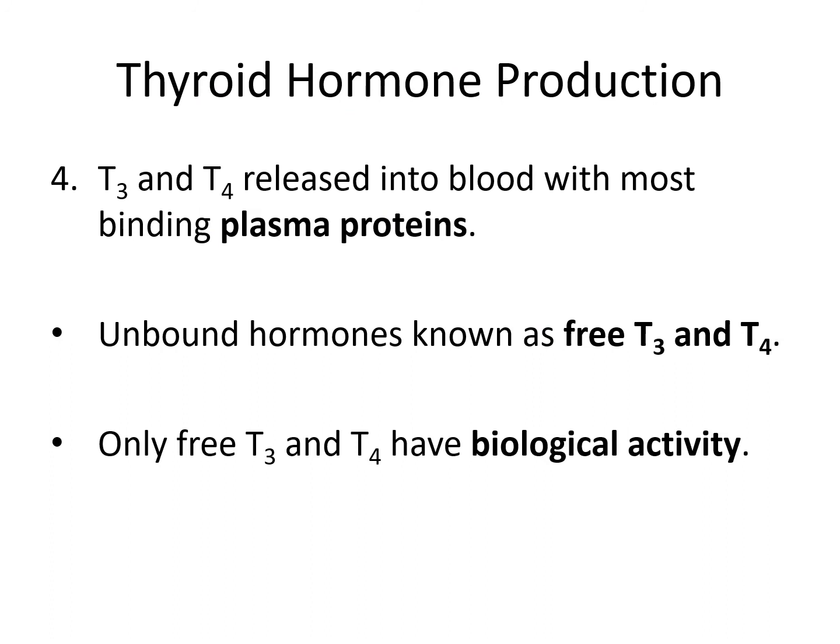T3 and T4 are then released into the blood with most binding plasma proteins. To remember, unlike most protein hormones that are hydrophilic and can diffuse right into the plasma, T3 and T4 are hydrophobic, so they must bind plasma proteins.